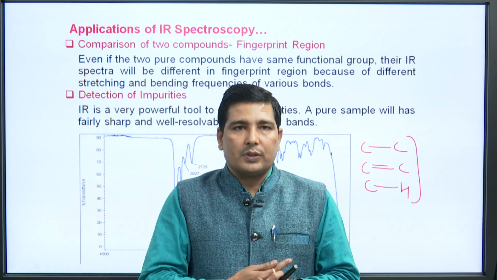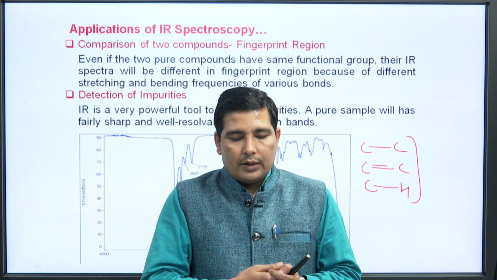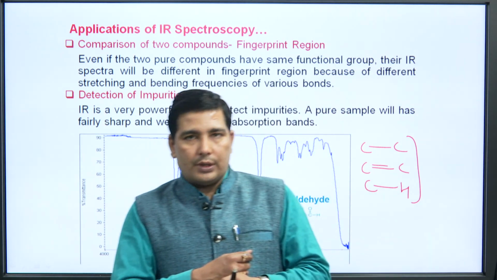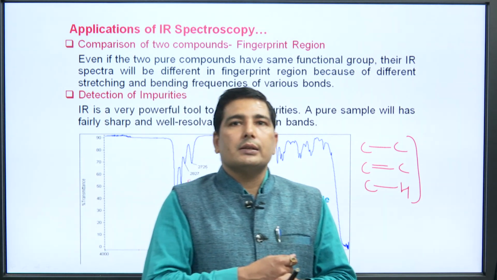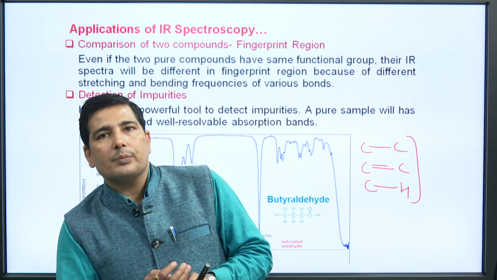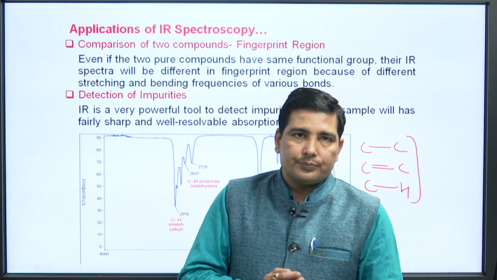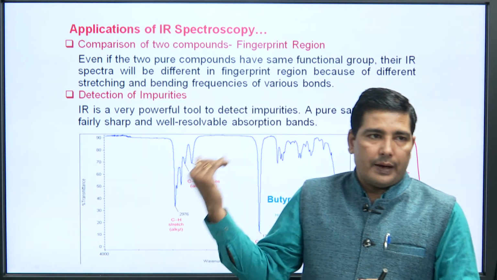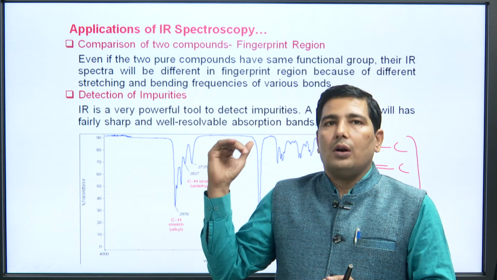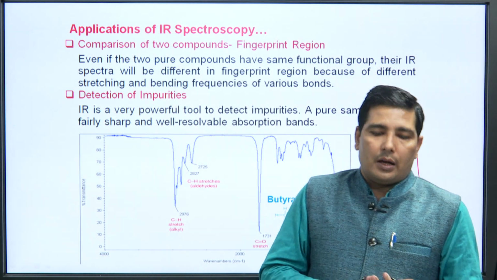As in other spectroscopic techniques, IR is a very powerful tool to detect impurities. A pure IR sample will have fairly sharp and well resolvable absorption peaks. By this we can detect whether there are impurities or not in a sample.